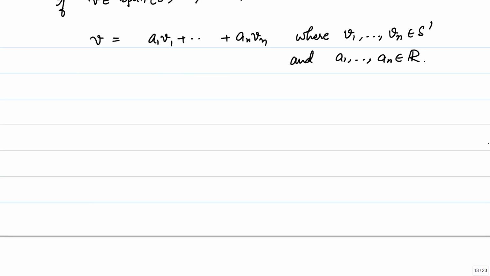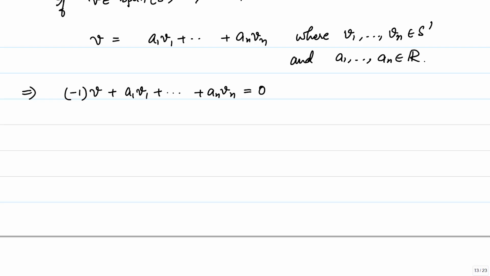But rewriting this implies minus 1 times V. Notice that v1, v2 up to vn are all distinct and not equal to V, because V is not in S prime. So, this is equal to minus 1 times V plus a1 v1 plus up to an vn is equal to the 0 vector, by just adding the additive inverse of V.